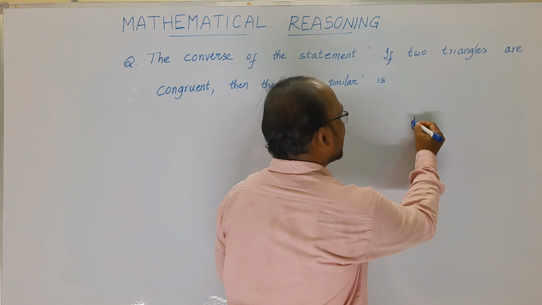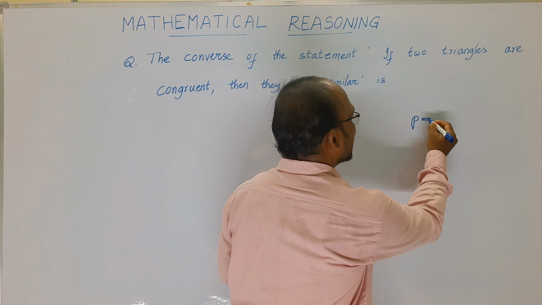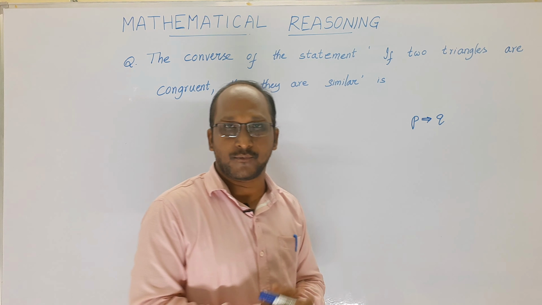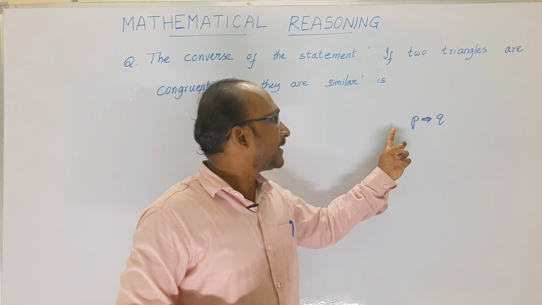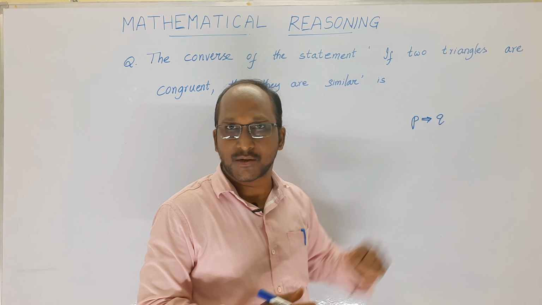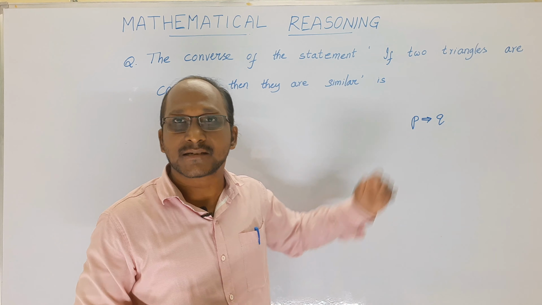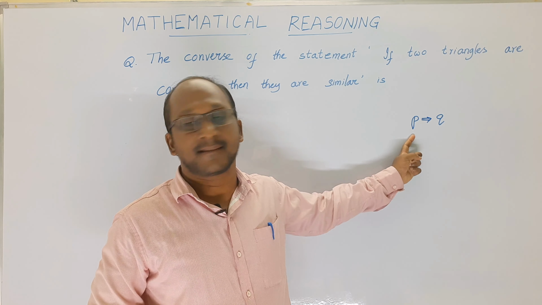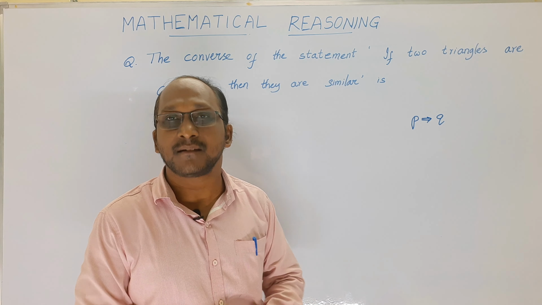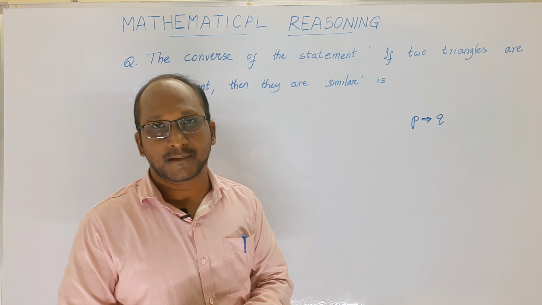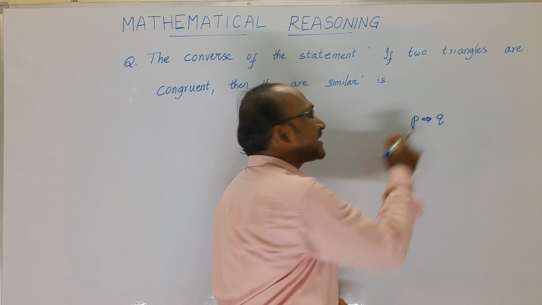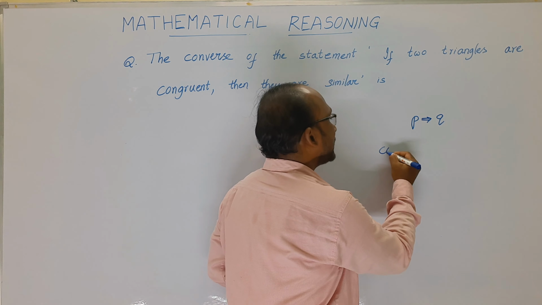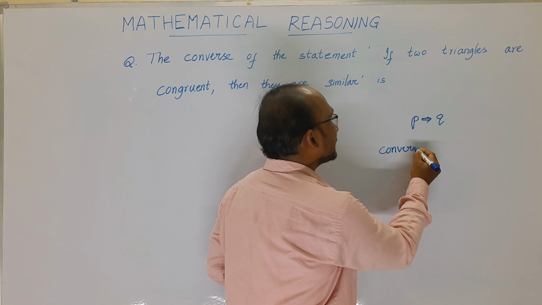If you take the conditional of the statements P and Q in the symbolic form, we will write P implies Q, which means if the statement P, then the statement Q. Here in the conditional, the first statement P is called hypothesis and the second statement Q is called conclusion. Now, if you interchange hypothesis and conclusion, you will get converse of the conditional.